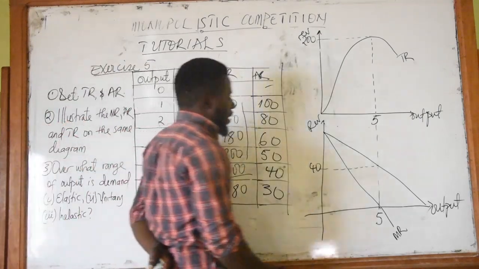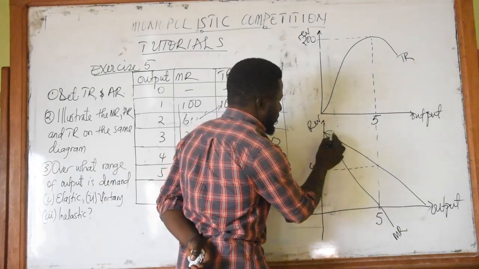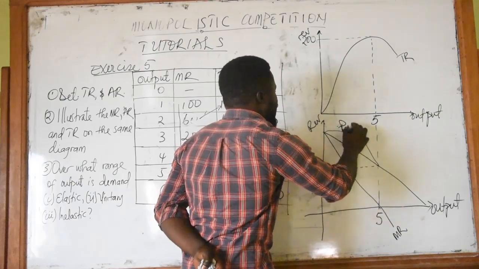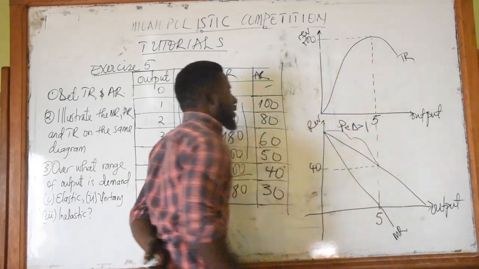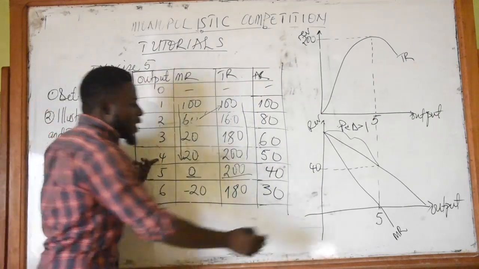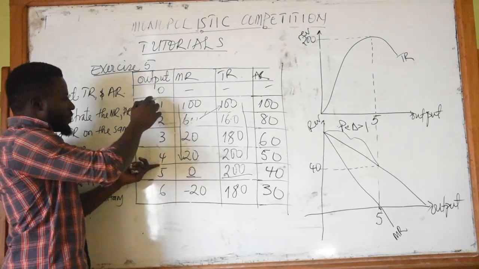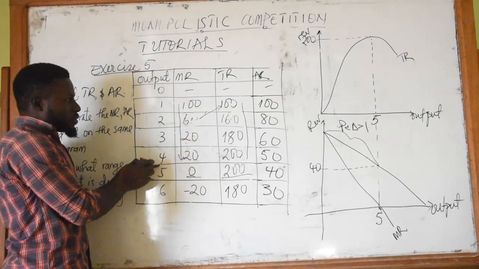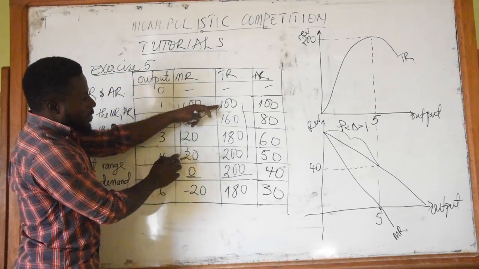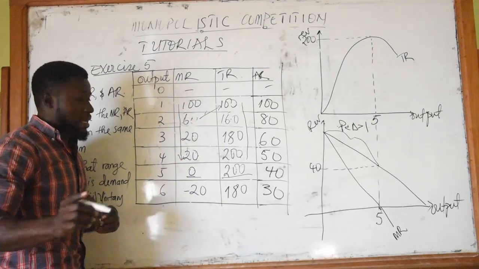So therefore, it shows that from this portion to that, PED is greater than 1. This good is elastic in demand because before the fifth output level, that is from the first to the fourth output level, marginal revenue is falling and it is positive. Total revenue is rising persistently. So this good is elastic.